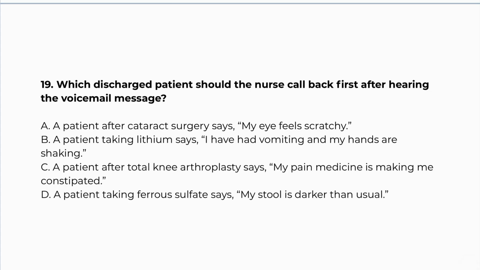Okay, question number 19. Which discharge patient should the nurse call back first after hearing the voicemail messages? A, B, C, or D?